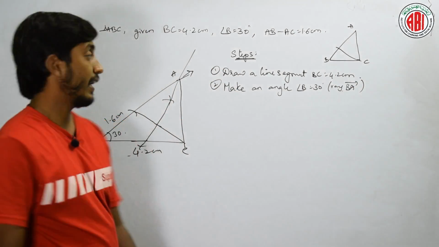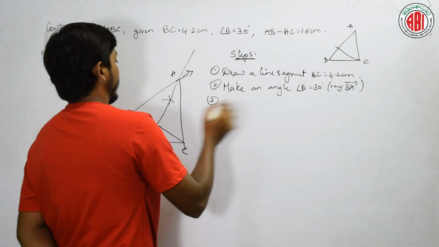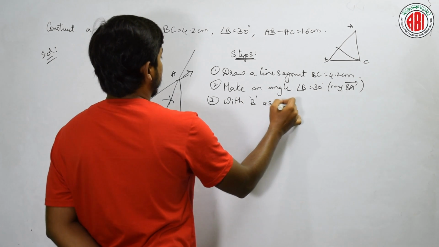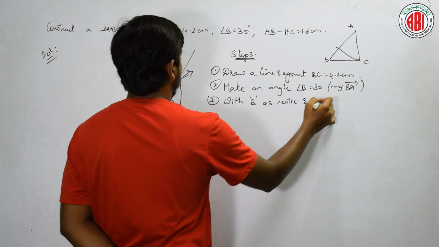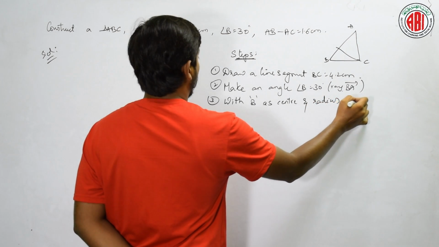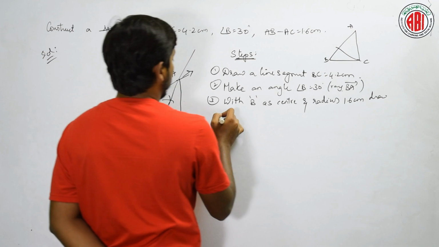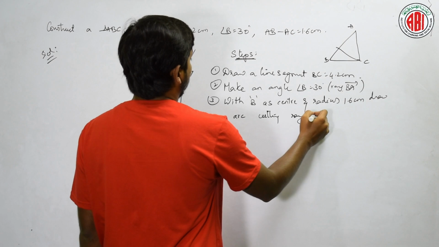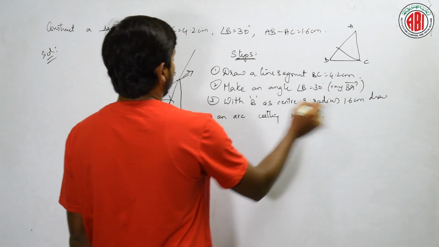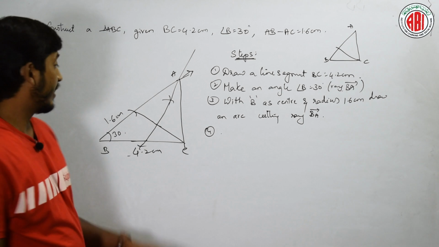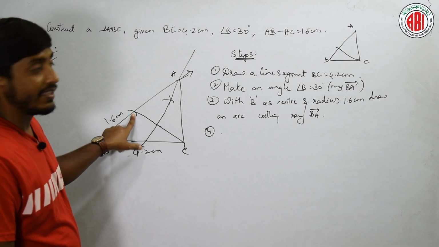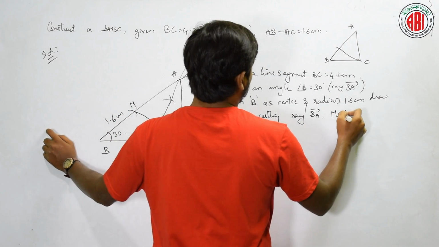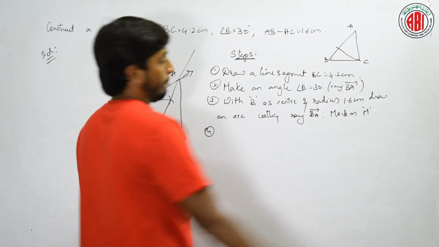Next, third step, with B as center and radius 1.6 centimeter, draw an arc cutting ray BA. Okay. Next, is it clear? Now whatever the point it is there, let us mark it as some point M. Okay. Mark as M. Okay.